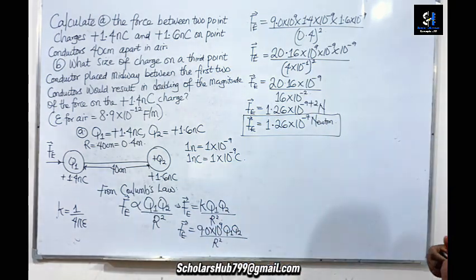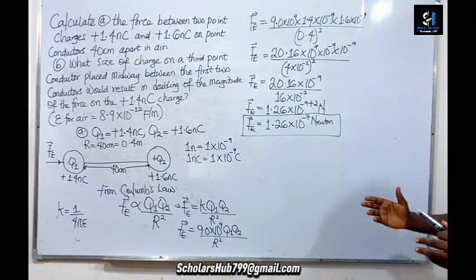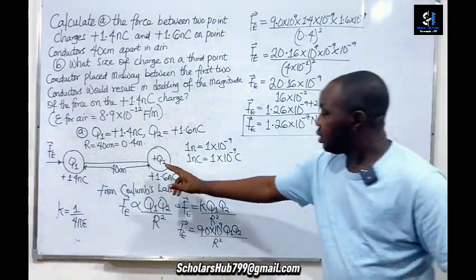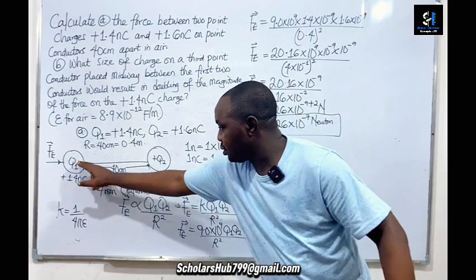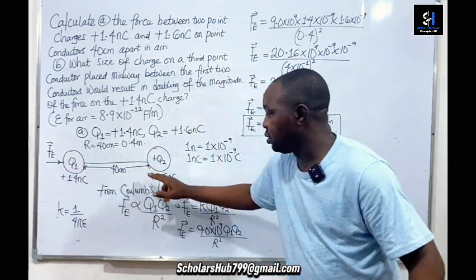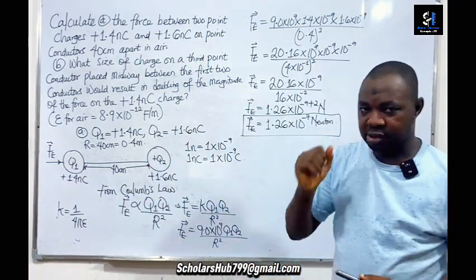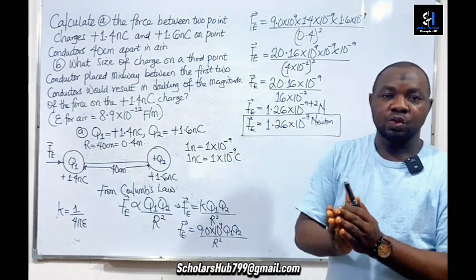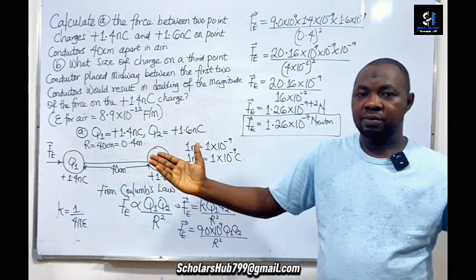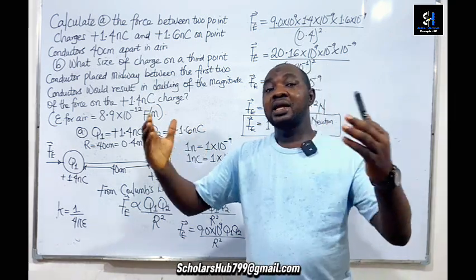So this force will be a repulsive force because we have like charges. This is positive, positive, or we can say similar charges. So similar charges will repel each other, while unlike charges will what?